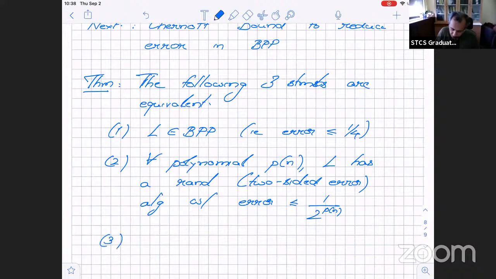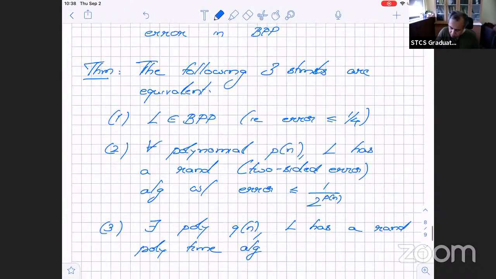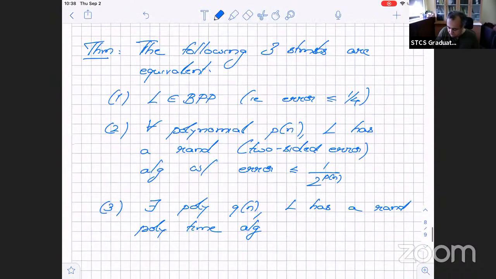3, there is a polynomial Q such that L has a randomized polytime algorithm with error less than or equal to half minus 1/Q of n.